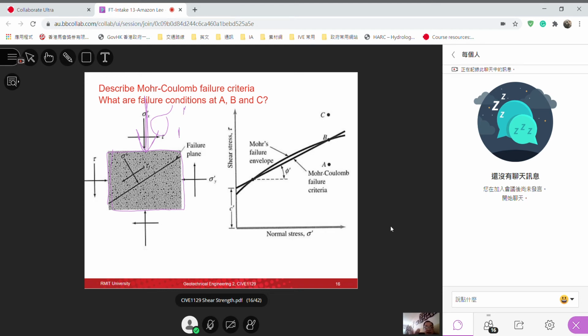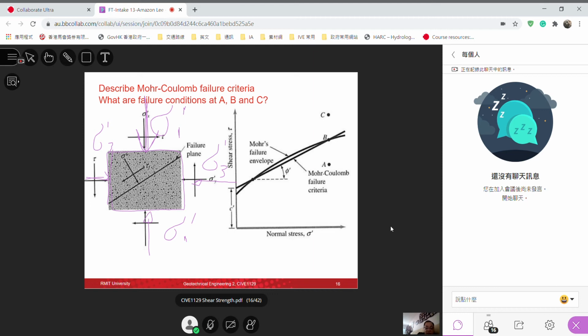The stress is effective stress: principal effective stress applying in one direction, for example the vertical direction, and minor principal effective stress, sigma 3, on the other direction.